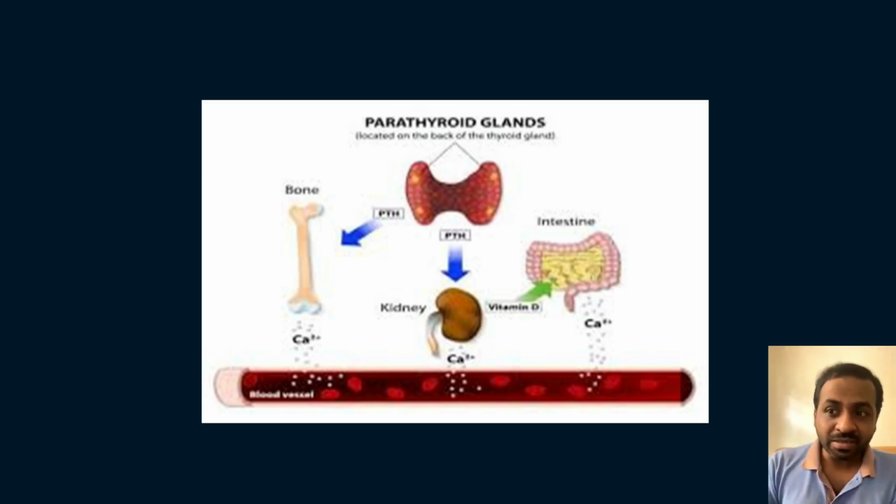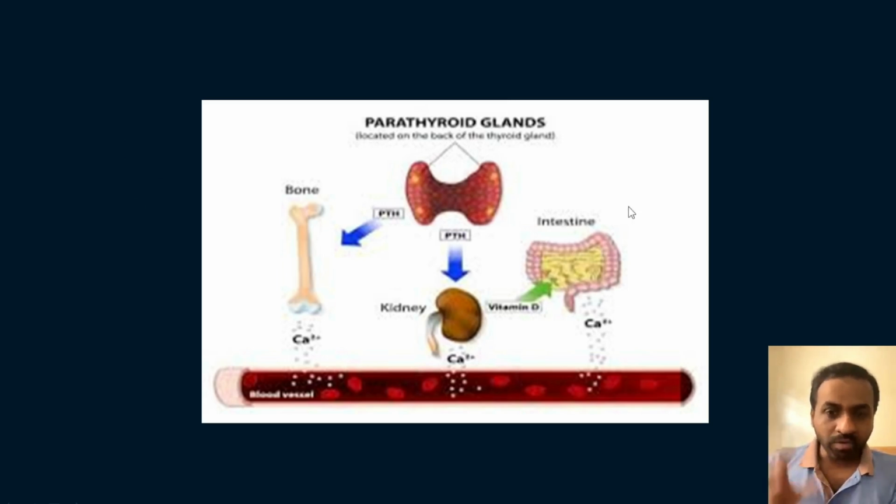It also stimulates the kidney to secrete the active form of vitamin D, otherwise known as calcitriol, and this calcitriol in turn helps in increased intestinal absorption of calcium. So parathormone helps in regulating the calcium level of the blood through bone, kidneys and intestine.